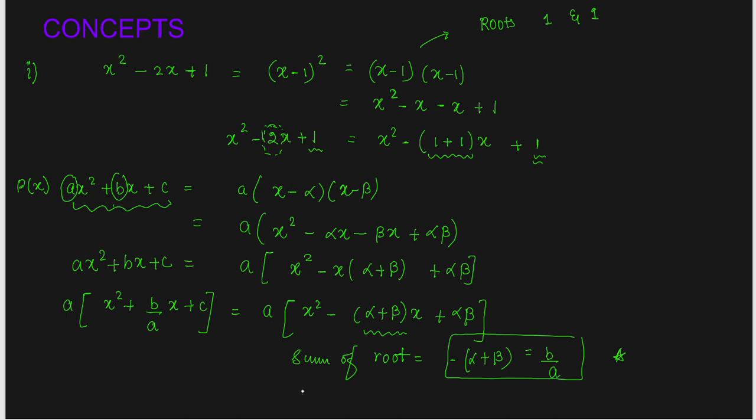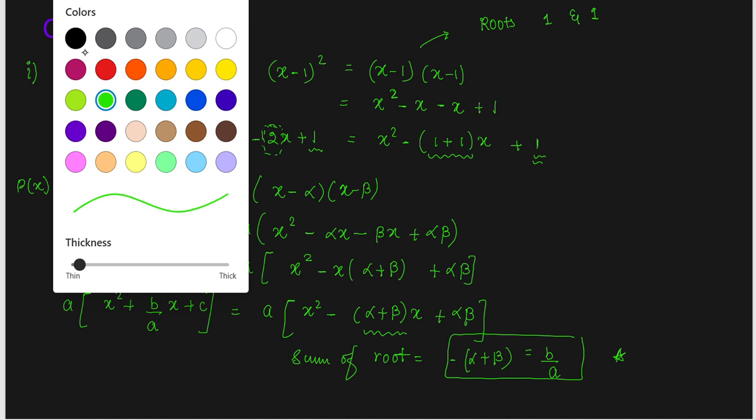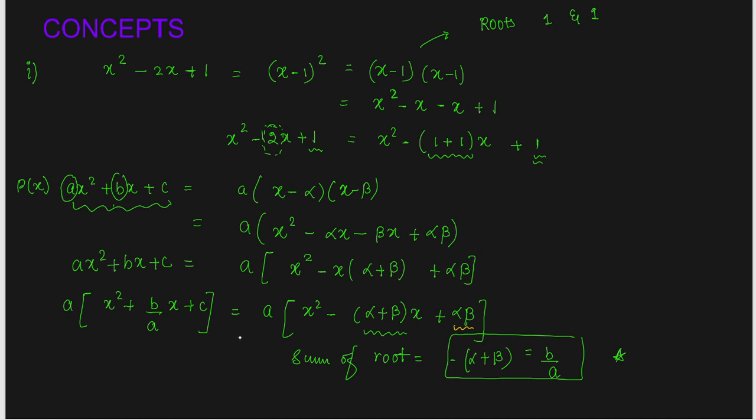Okay. Now comparing with the second part, which is the product of roots. If I compare the product of roots, taking a common, the product of roots is alpha beta. Now comparing both sides, alpha beta is equal to c over a.